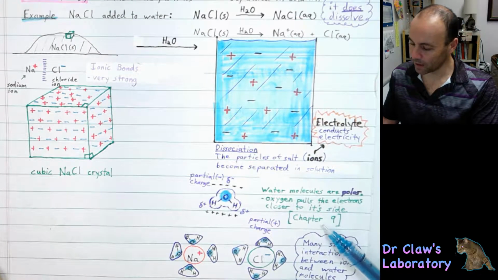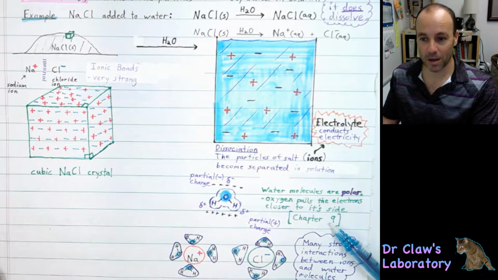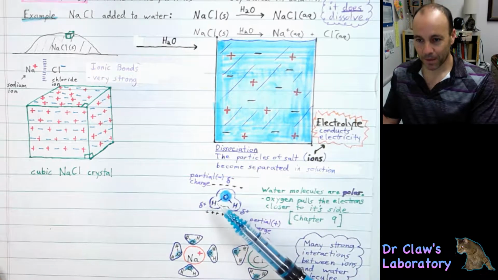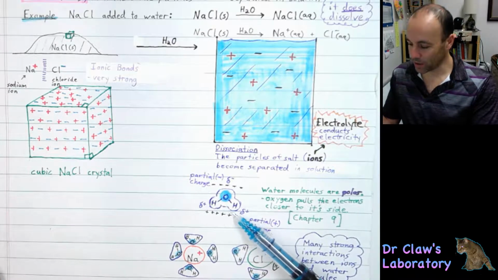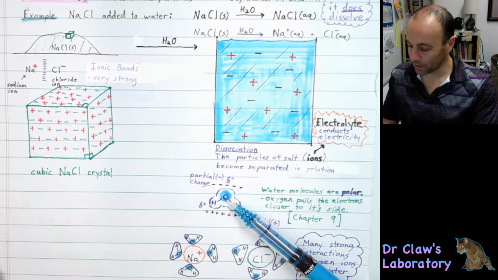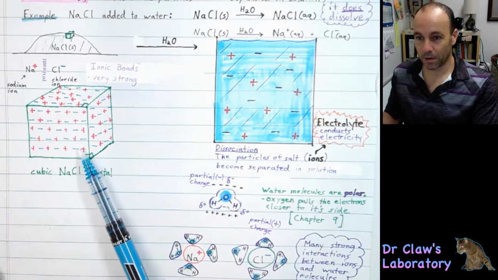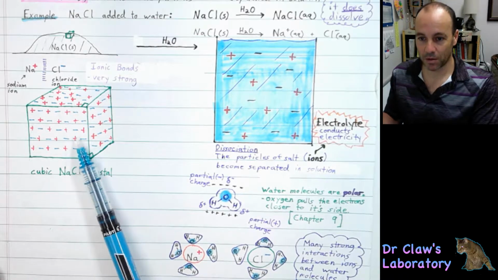We'll discuss the structures of molecules and their polar nature more in Chapter 9. But for now, we can just see that because this molecule is polar, it is able to pull apart certain ionic compounds like sodium chloride.